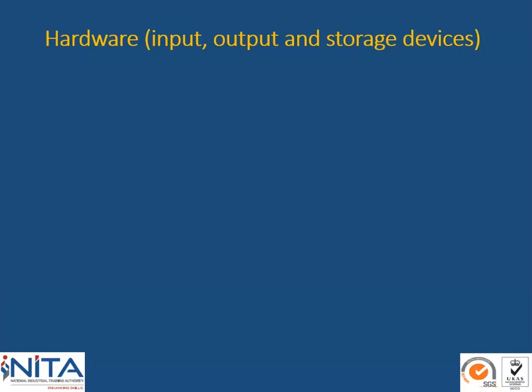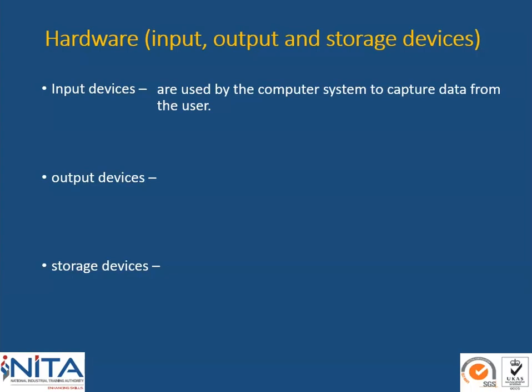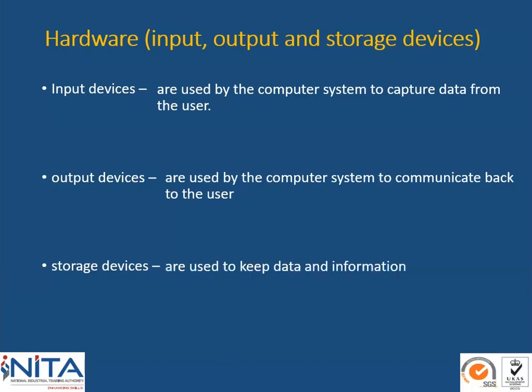The basic hardware components can be classified as input, output, and storage devices. Input devices are used by the computer system to capture data from the user. Output devices are used by the computer system to communicate back to the user, while storage devices are used to keep data and information.